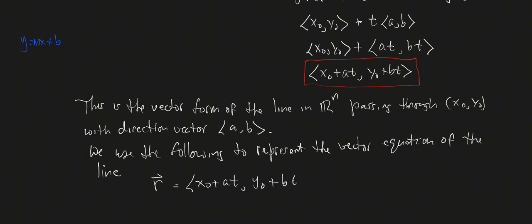Right. And then, as we said, to generate all points on the line, we have to take all possible values of t. So in order to generate all the points on the line, not just the ray, not just the line segment, but the entire line, t goes from negative infinity to positive infinity.